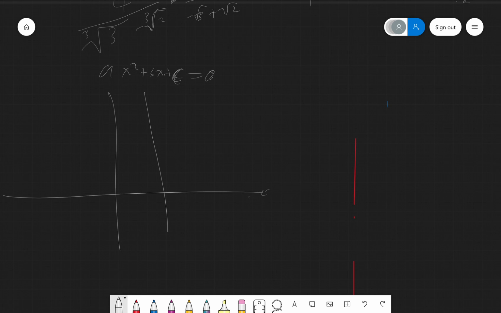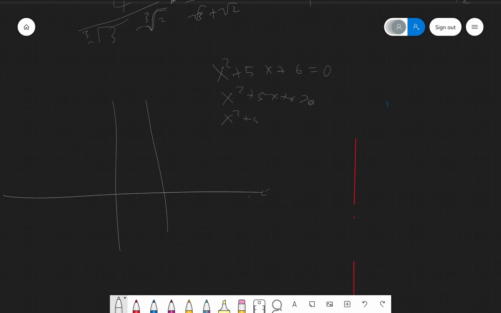Let's say we had something like, I'm going to do many problems. So I'm going to use our old buddy, x squared plus 5x plus 6 equals 0. Then I'm going to do x squared plus 5x plus 6 is greater than 0.